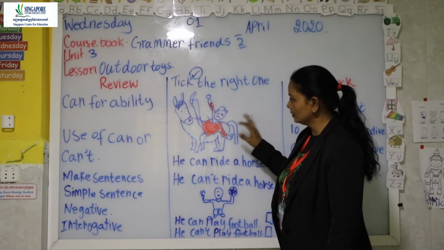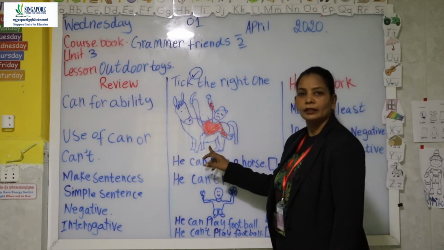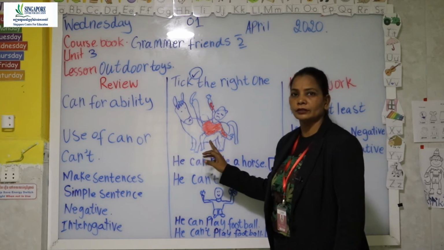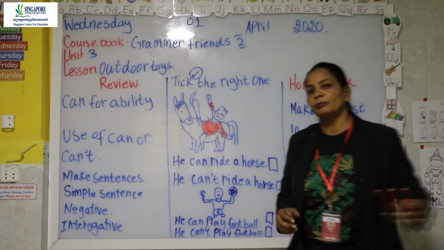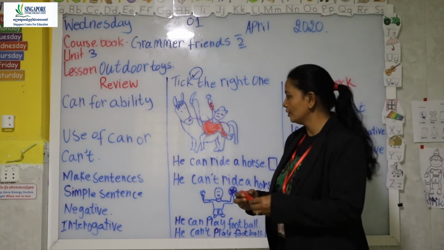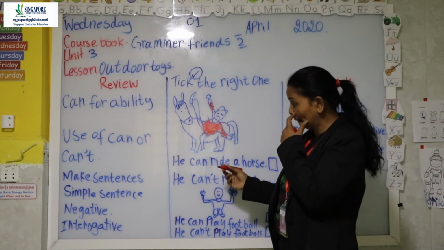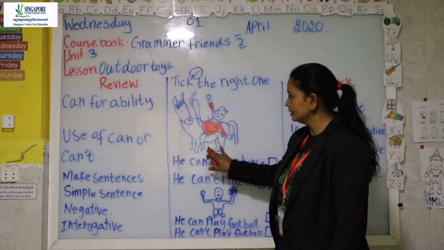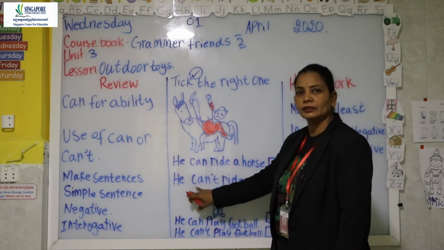Okay, so as you see the picture, what he can do or not, we have to tick the picture. As you see, the boy cannot ride, so we have two options.